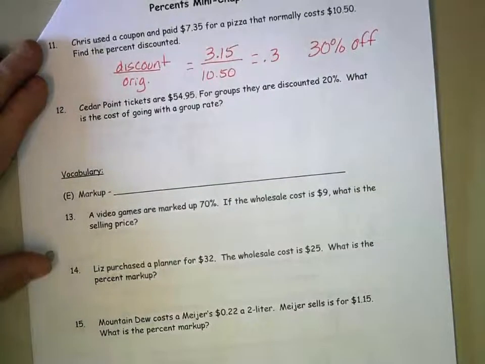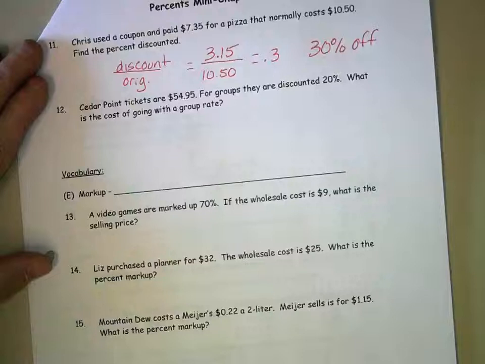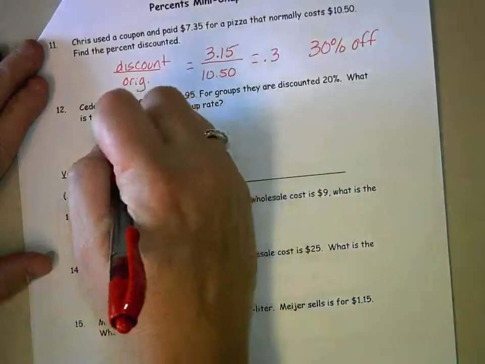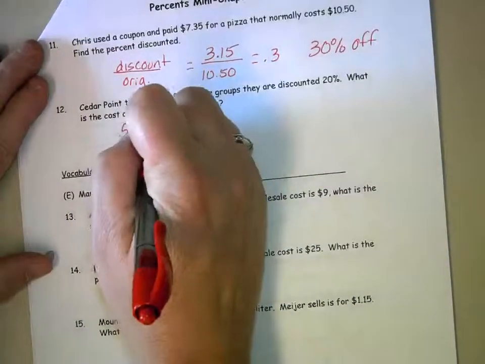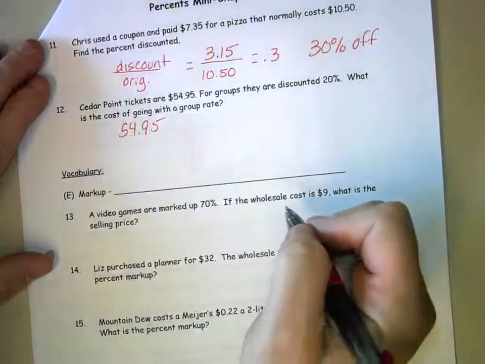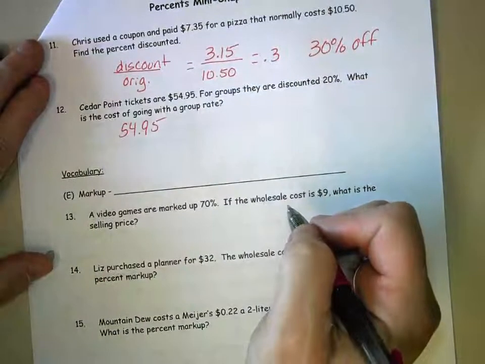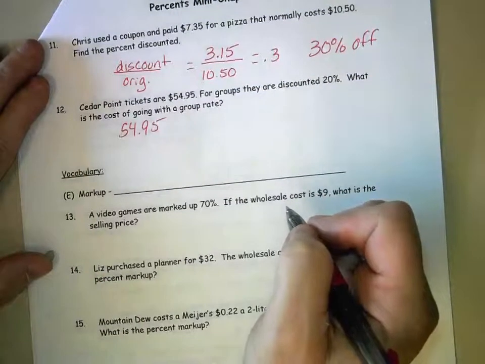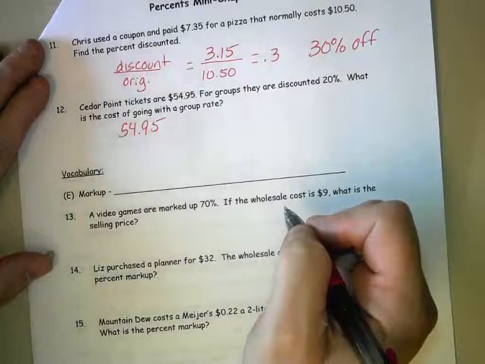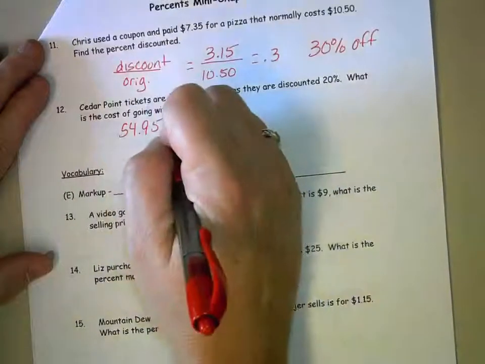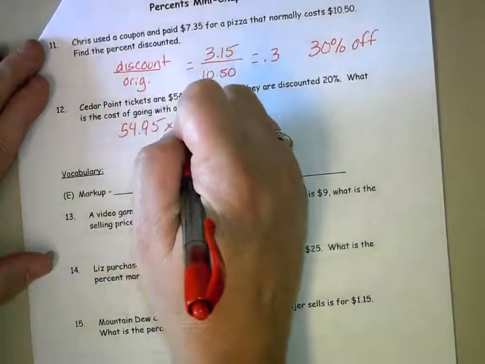Number 12, Cedar Point tickets are $54.95, and with a group discount you get 20% off. If you take 20% off the price, that means you are paying 80% of the original.